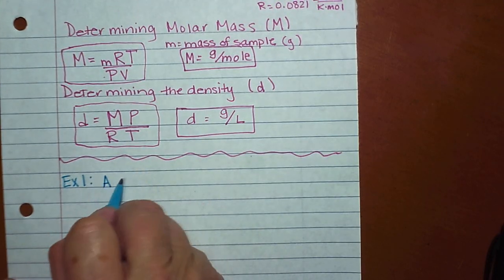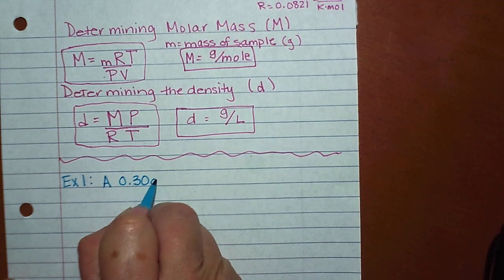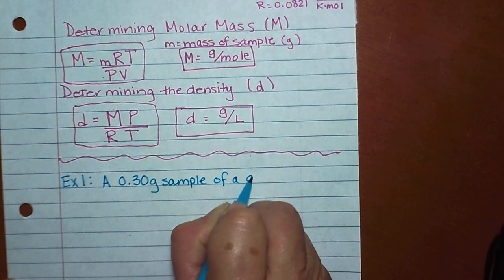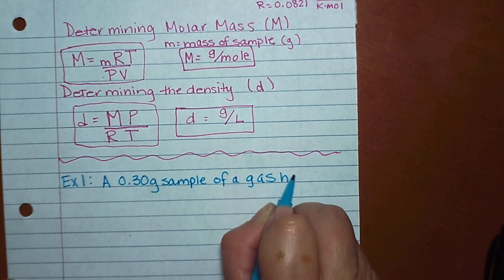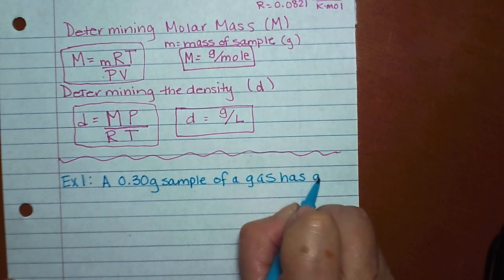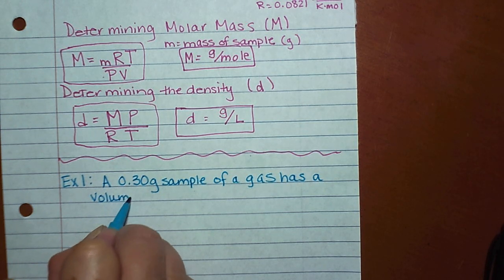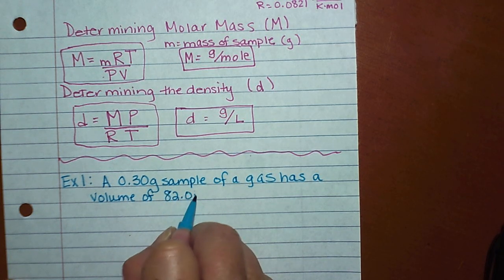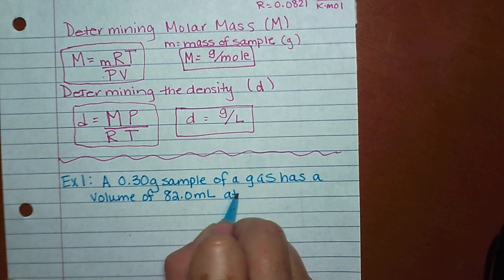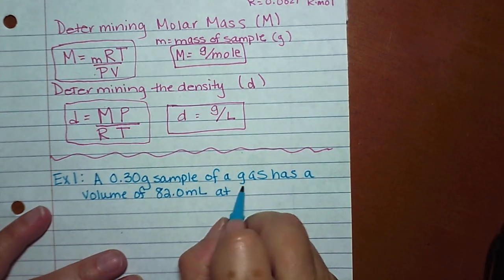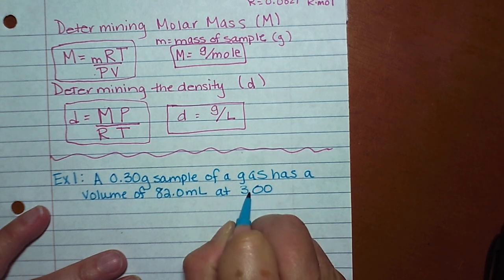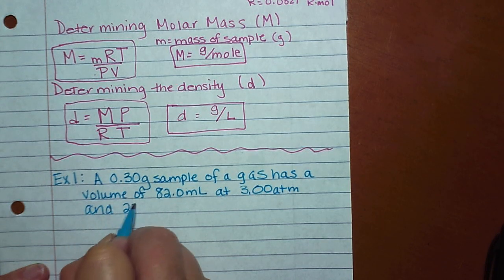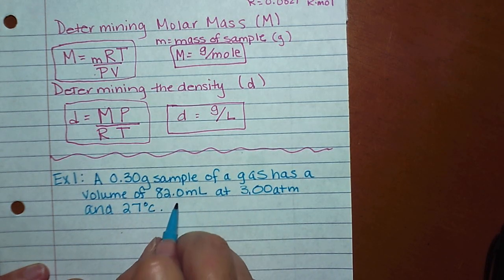A 0.30 gram sample of a gas has a volume of 82.0 milliliters at 3.00 atm and 27 degrees Celsius. Calculate the molar mass.